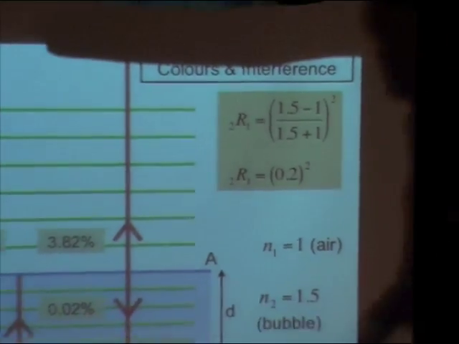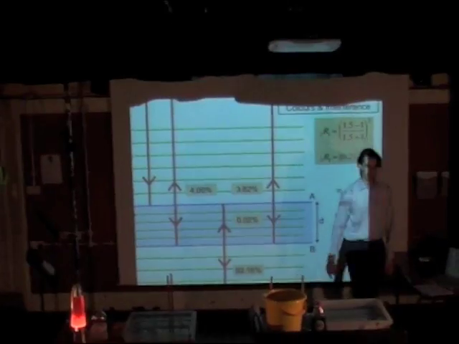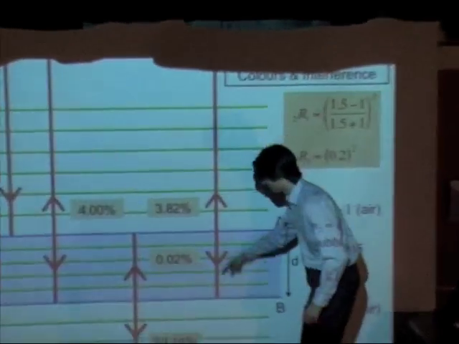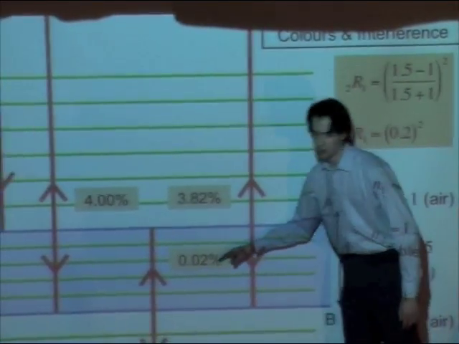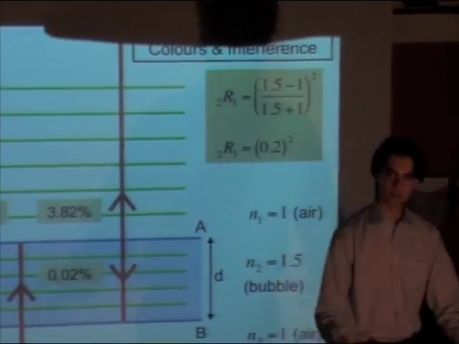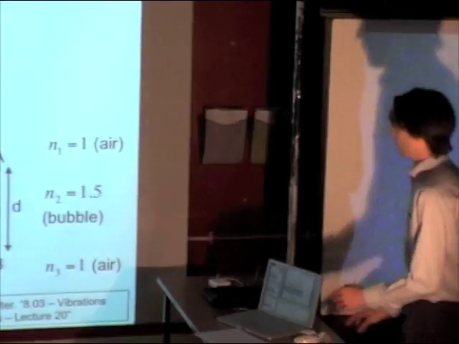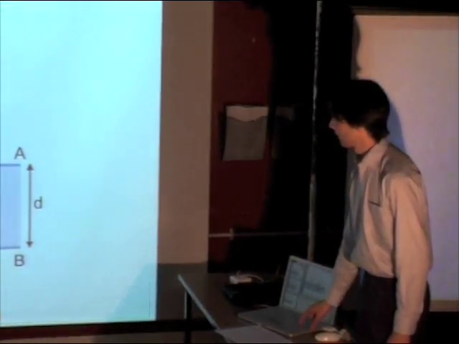So I get 4% of whatever that was, which is 3.82, and I get 0.02 coming back. Now I'm going to stop there, I'm not going to do it again, because I could do it again. I could do, well, how much goes through this time? But that's boring, and we've got 0.02%, so we'll forget about it. You know, we're all friends here, we'll just leave it alone, it's fine. So we get finally, and that was due to Walter Lewin at MIT, so thank him for that.